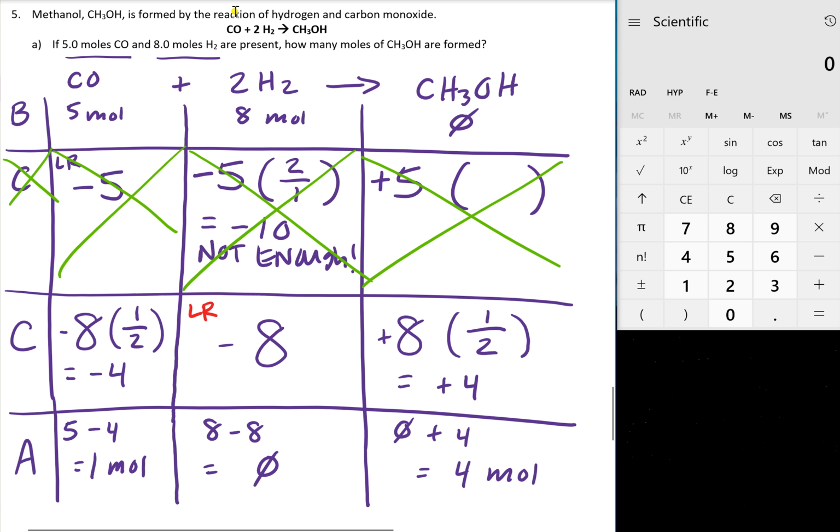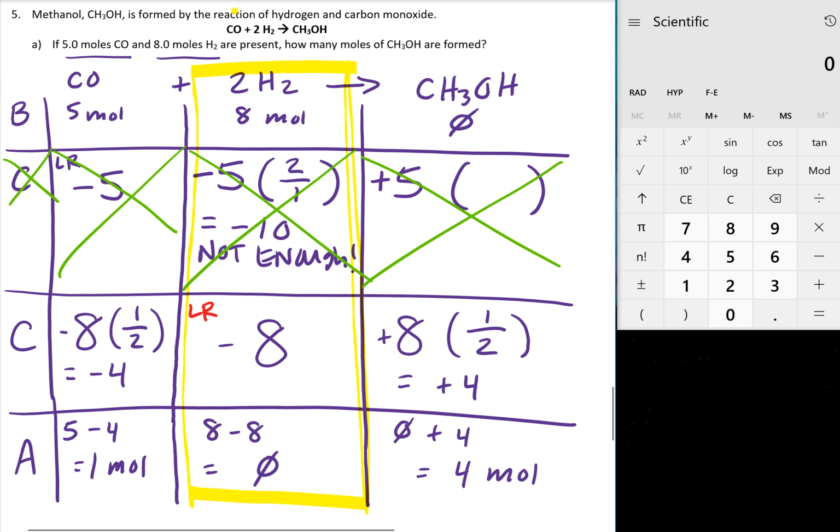So our limiting reactant was hydrogen. I'm going to put a box, highlight that limiting column just to emphasize that hydrogen is our limiting reactant in this problem.